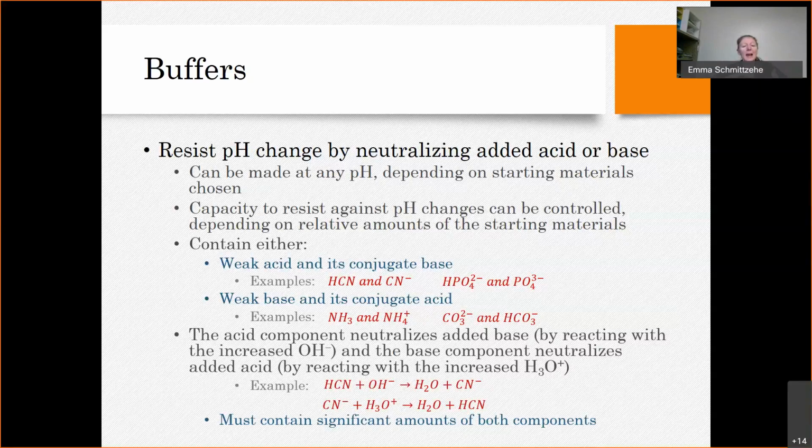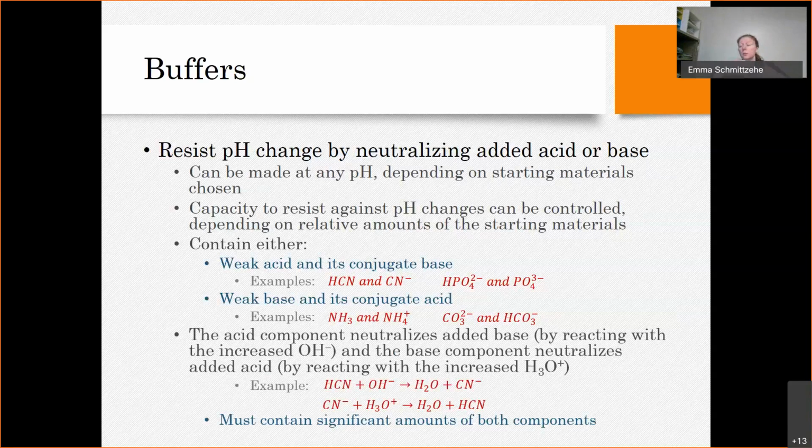So what happens is the acid component of the buffer reacts with any OH minus that is produced by some added base, okay? So when we add a base, we're essentially increasing hydroxide, right? And that hydroxide will then react with the acid of the buffer. Whereas if you add acid, you're increasing hydronium in your solution, and that hydronium would react with the base of the buffer, okay?